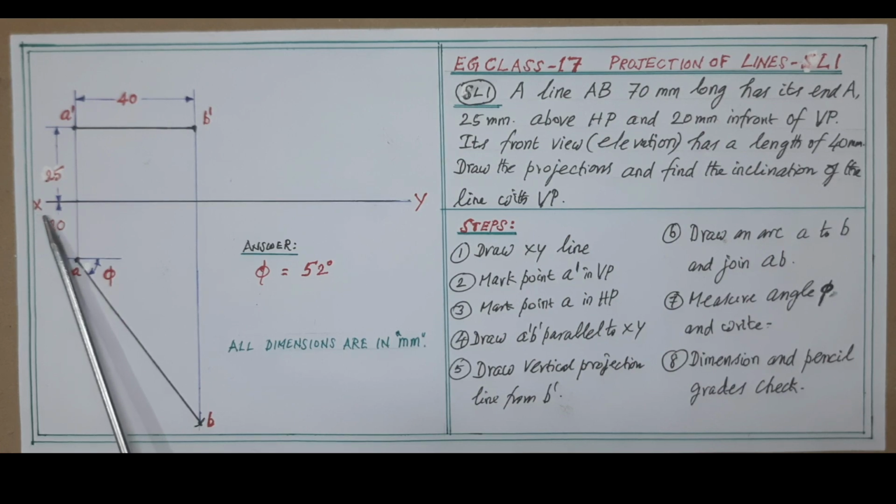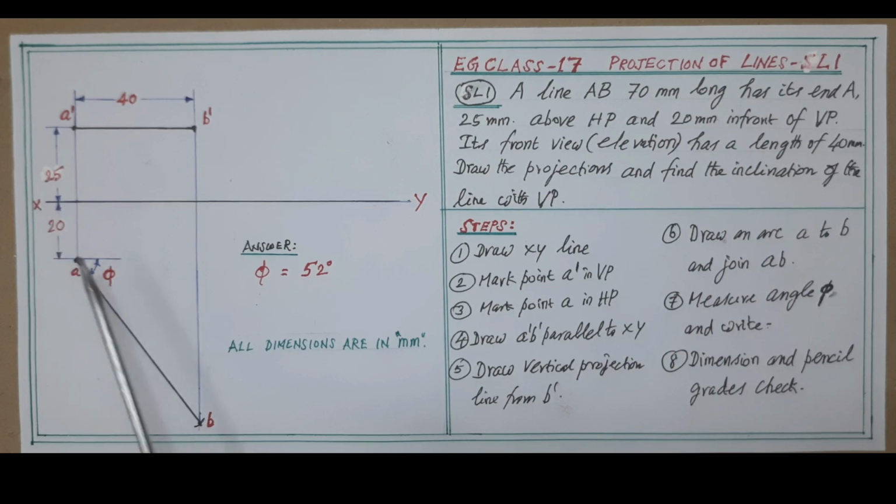Both are correct and it is also the same angle. Now write this angle in the drawing sheet as shown here. After measurement it has come as phi is equal to 52 degrees.